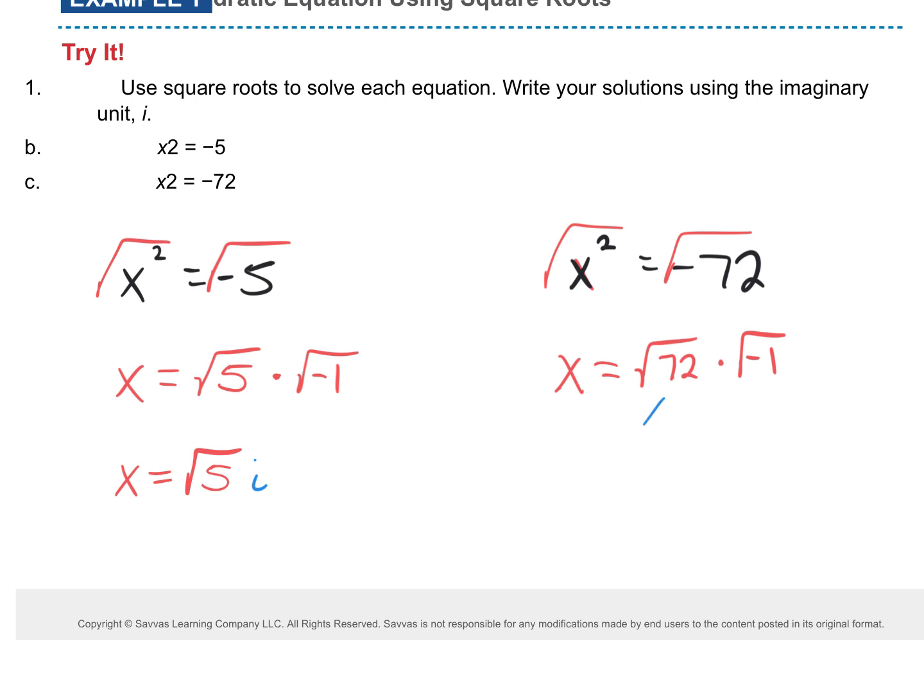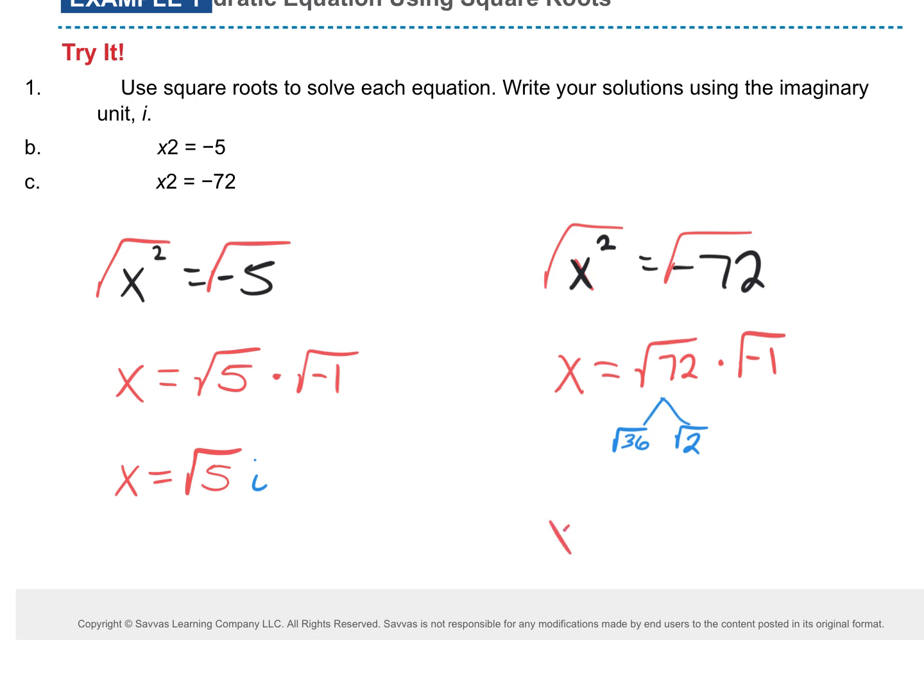What we learned last year, or a couple years ago, depending on who you are, is how to split that up. What is a perfect square that goes into 72? I'm going to tell you. 36. So the square root of 36 goes into the square root of 72 2 times.